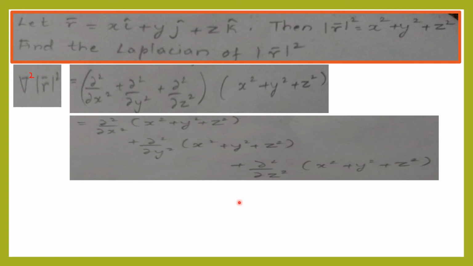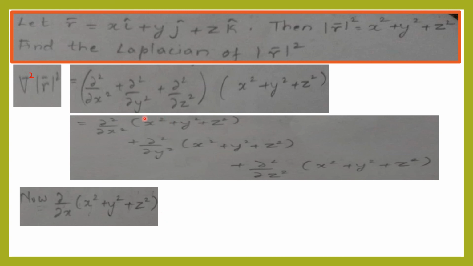So now we will have to differentiate twice. We will first consider the first bracket and differentiate it with respect to x once.